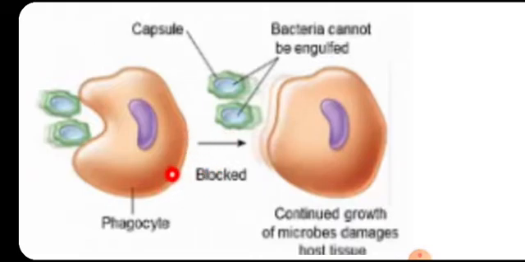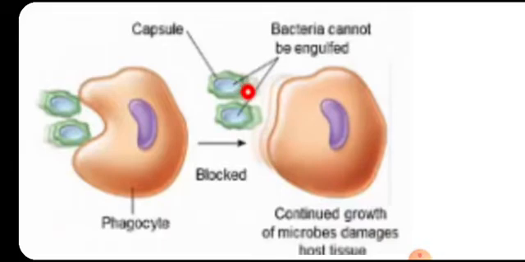So for example, this is a phagocytic cell and this is a bacterial cell. The phagocytic cell engulfs this bacterial cell and digests it. But if this bacterial cell contains this capsule, the first step, which is the binding, is affected. This phagocytic cell binds to the bacterial cell, but because of the presence of the capsule, it cannot bind.